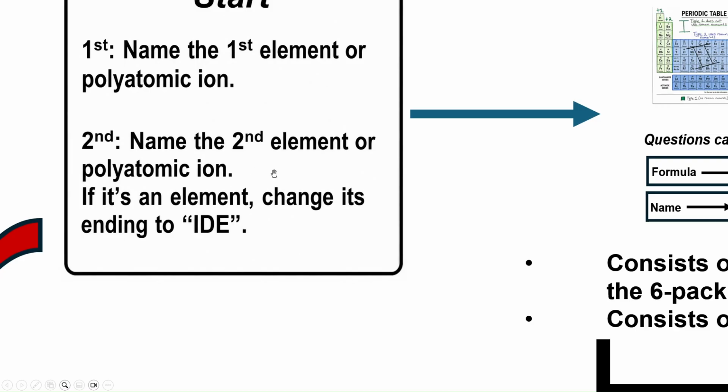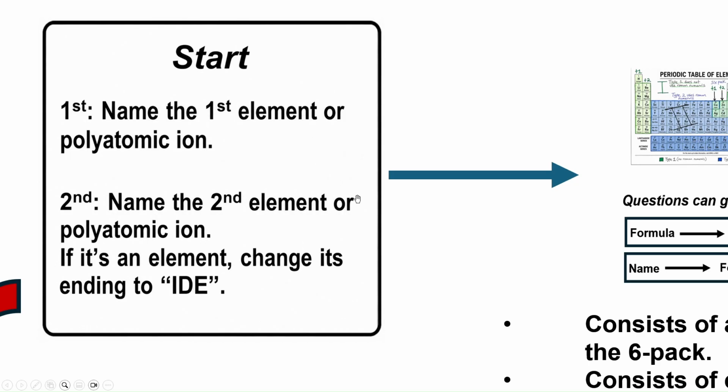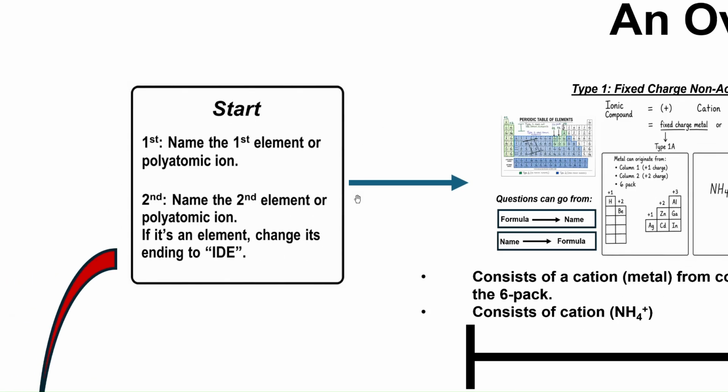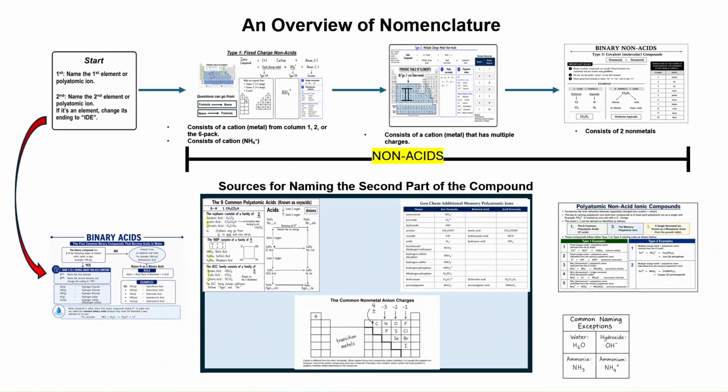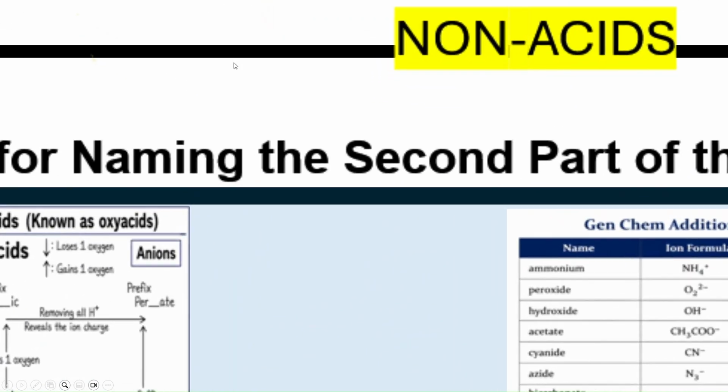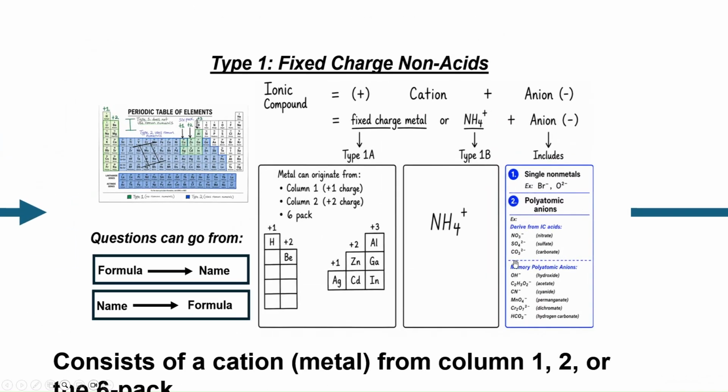From the start box, the main pathway divides non-acid compounds into 3 categories. And those 3 non-acids to begin with are seen here at the top: type 1, type 2, and type 3. Type 1 consists of ionic compounds.